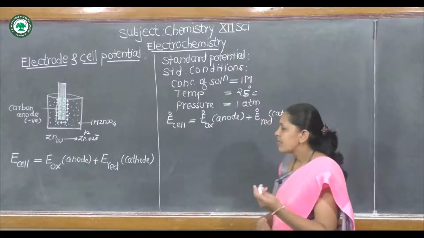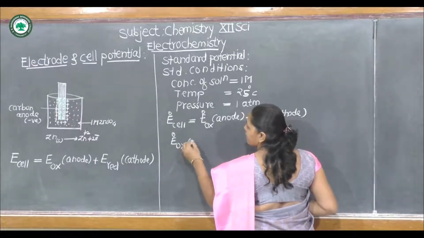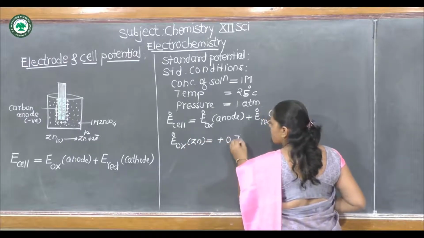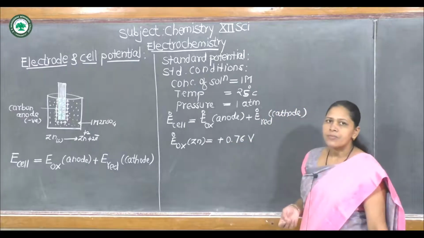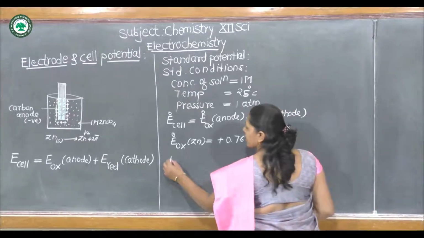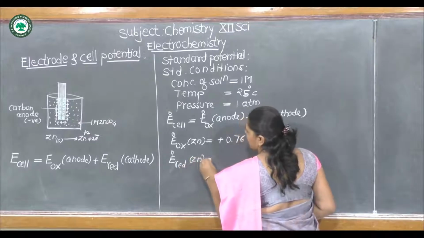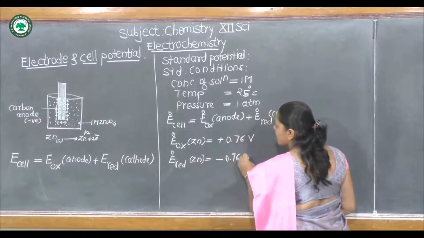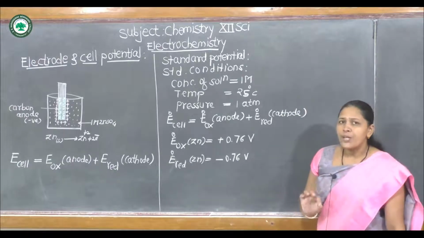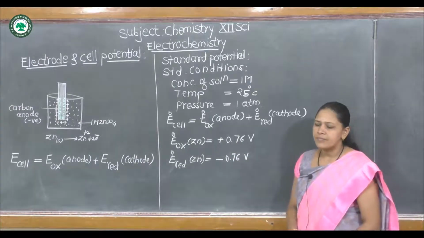For example, the standard oxidation potential of zinc is equal to plus 0.76 volt, then its standard reduction potential will be minus 0.76 volt. That is, both values are numerically equal with only reversal of sign.